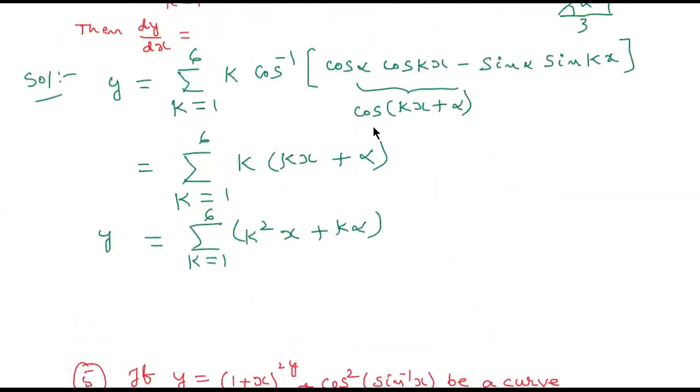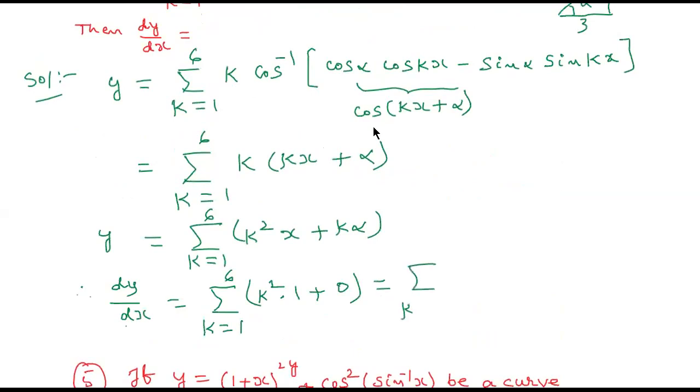Derivative on both sides with respect to x. dy by dx is equal to sigma k is equal to 1 to 6. Here k square is constant. Derivative of x is 1, plus k alpha is a constant. Derivative of constant is 0. Now we got finally sigma k is equal to 1 to 6 k square.